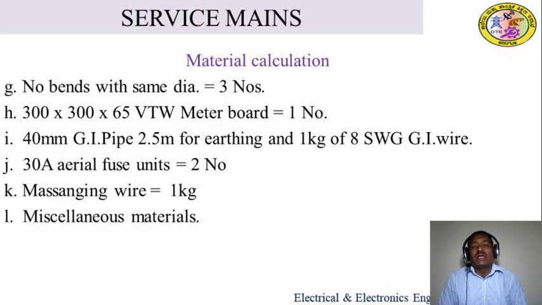The fault current inside the domestic installation should not be carried to the distribution line to interrupt our service system. For such purpose you have to use fuse units between the distribution line and the domestic. So we have taken 2 numbers as per the load current.